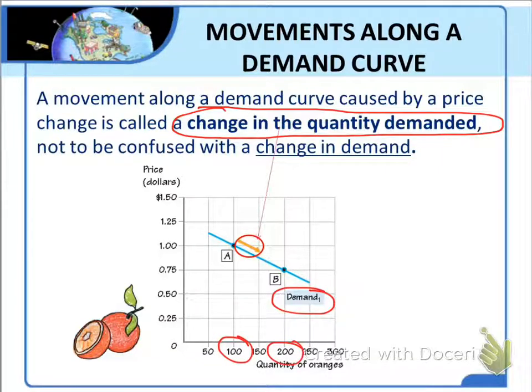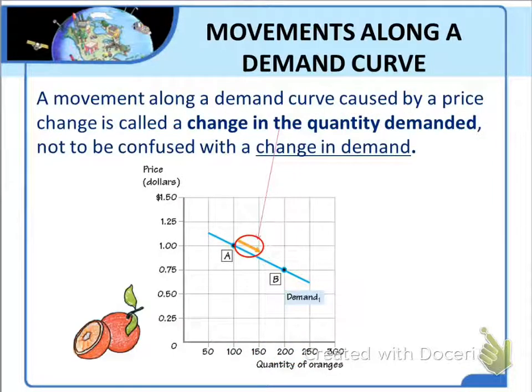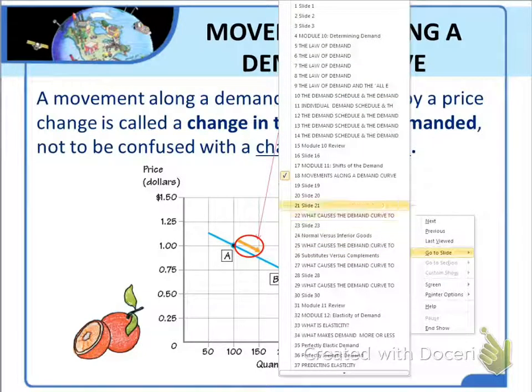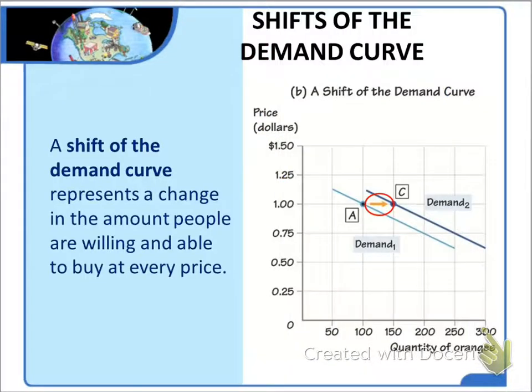But now let's go to another slide that we focused on before. And look at a shift of the demand curve. When the demand curve shifts, we call the change in consumers' willingness to buy the product a change in demand.